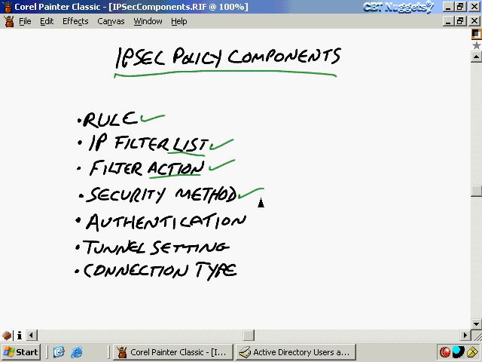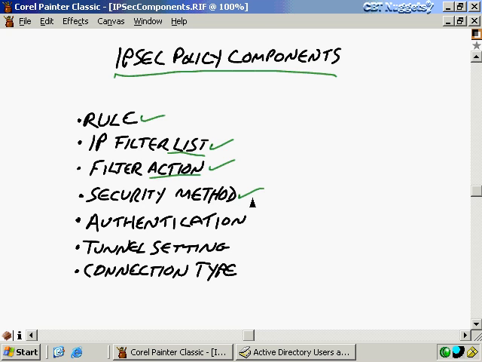And then when it comes to negotiating security, you have to determine what security method you're going to use. What you could do there is to just authenticate the header, and that would not encrypt the contents of the packets. Authenticating the header would just identify and verify that, yeah, you are who you say you are when we communicate. Therefore, I know that you're not some fake PayPal or some fake other party, somebody who's performed a man-in-the-middle attack, which means that someone's grabbed packets out of the air over the wire and then repackaged them somehow and pretended to send them from the same party from which they originally came.